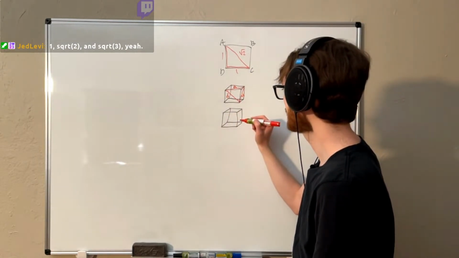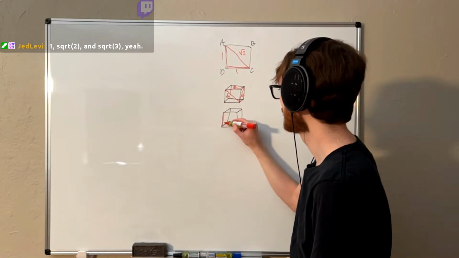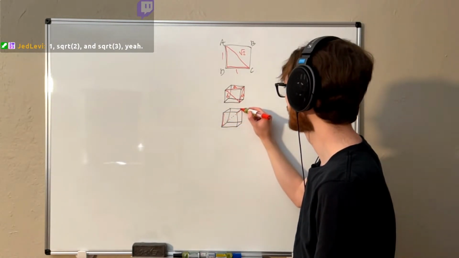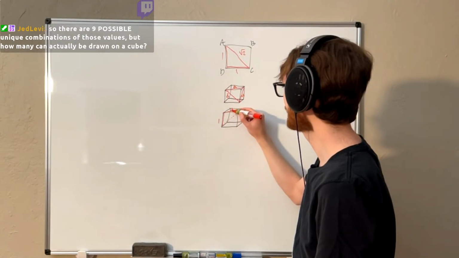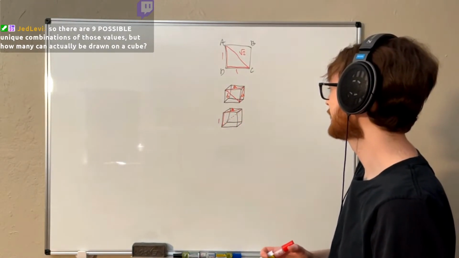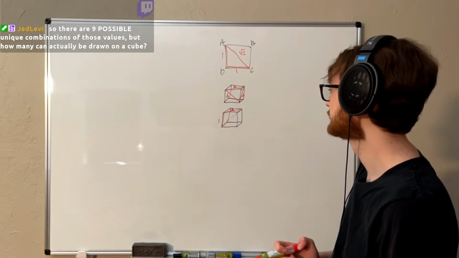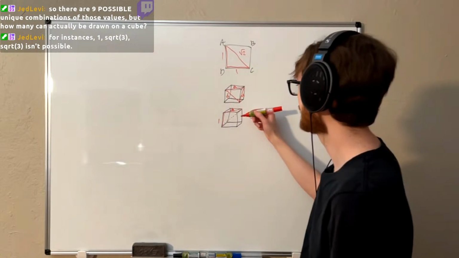Then what's the big diagonal? I guess Pythagorean theorem on this, that is root 3, I think.